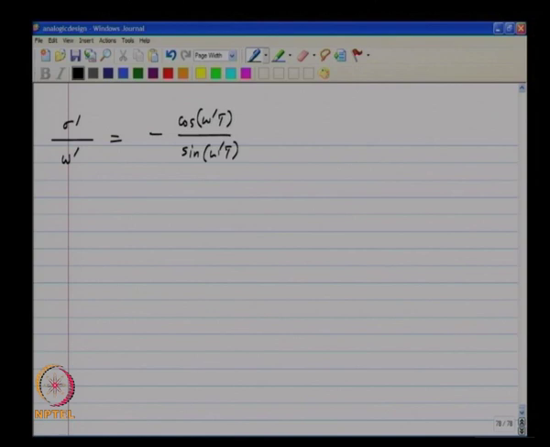This says that sigma prime by omega prime is minus cos omega prime tau by sin omega prime tau, and previously we plotted sigma prime on the x axis and omega prime on the y axis. Now, because here sigma prime appears only in one place, it is easier to plot omega prime on the x axis, and we can then turn the graph around and superimpose it on the other plot.